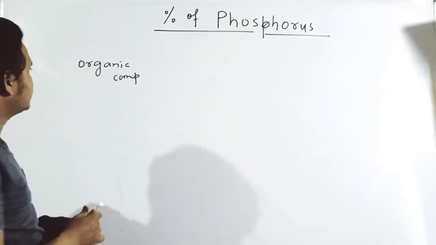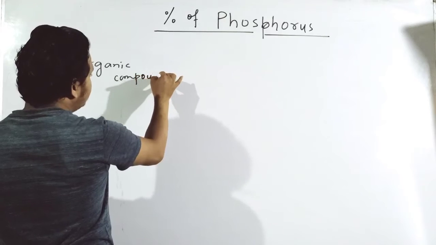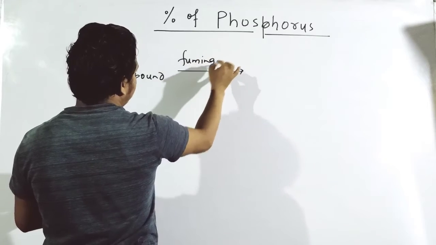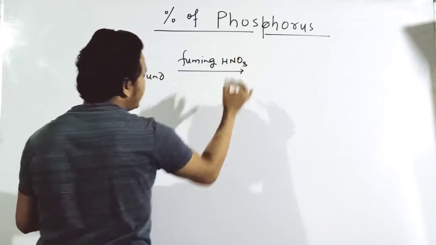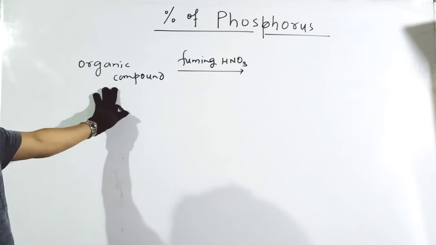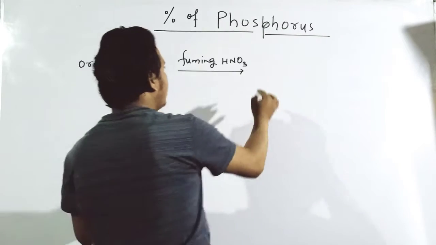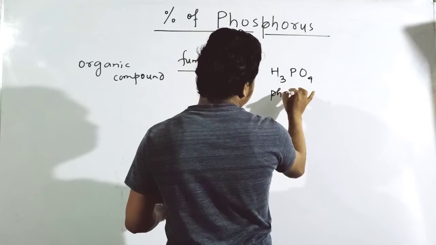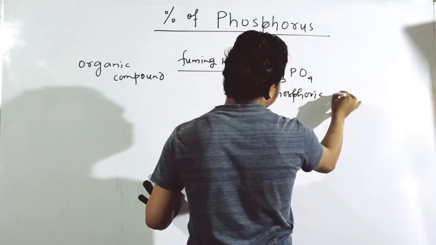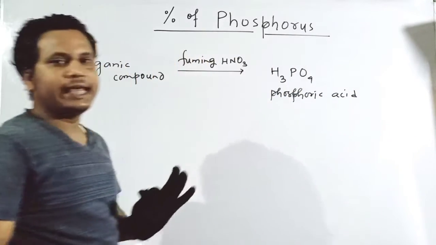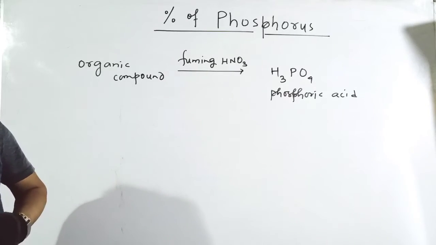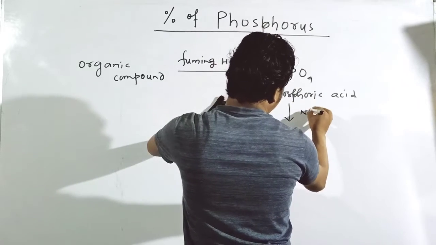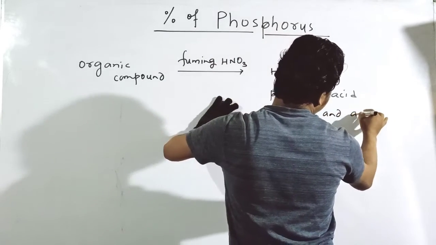So our first step: the organic compound is treated with fuming nitric acid. If you react it with fuming nitric acid, then the phosphorus present in the organic compound is oxidized to phosphoric acid. Now this phosphoric acid is treated with ammonia and ammonium molybdate.